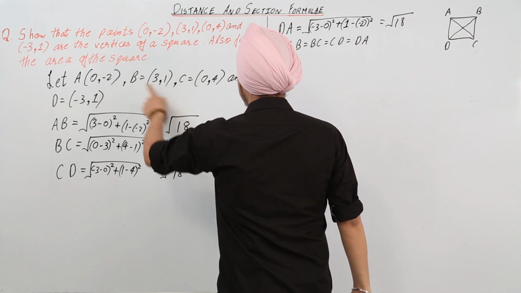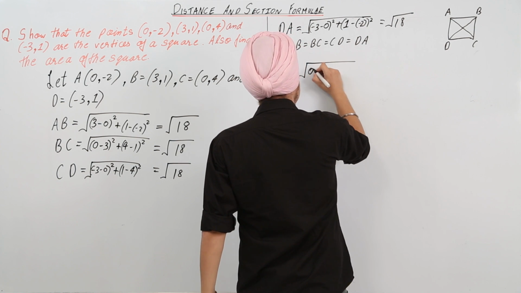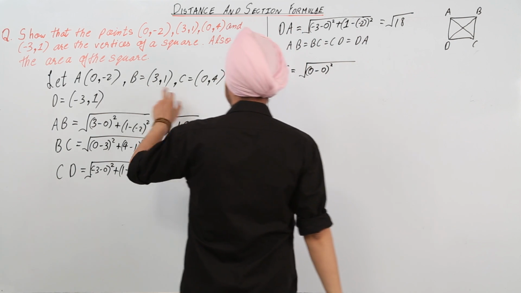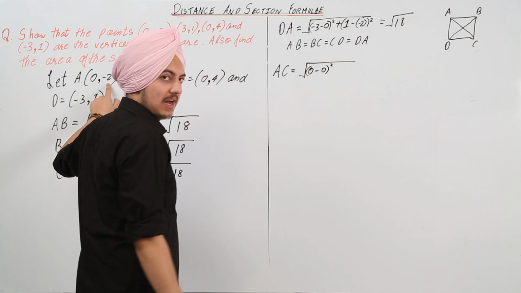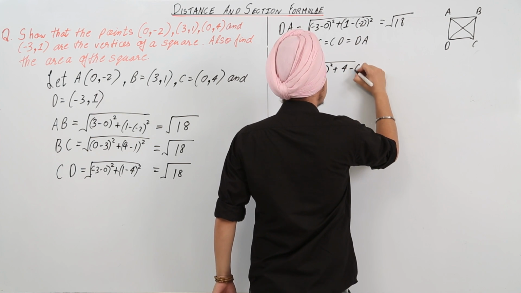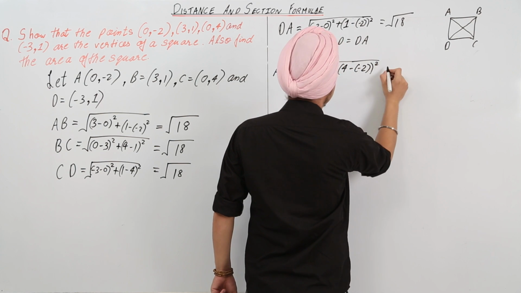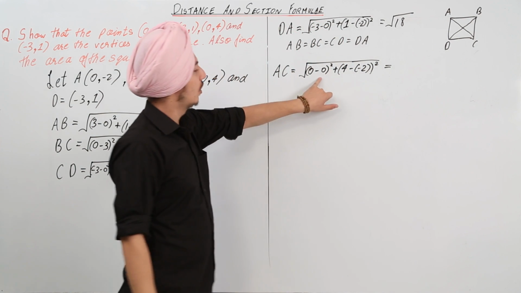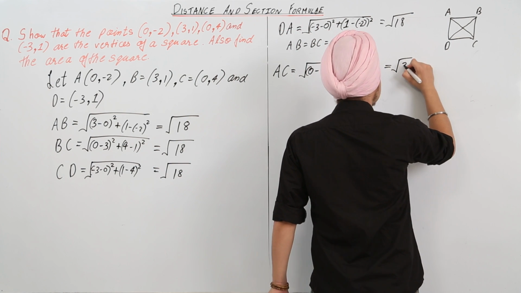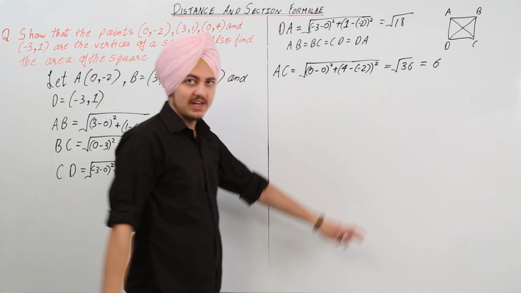So we have the square root of (0 minus 0) whole square plus (4 minus of minus 2) whole square. So this is equal to 0 plus 6 square, that is the square root of 36, that is equal to 6. Am I right?